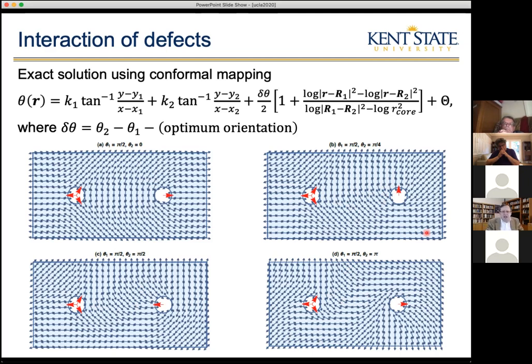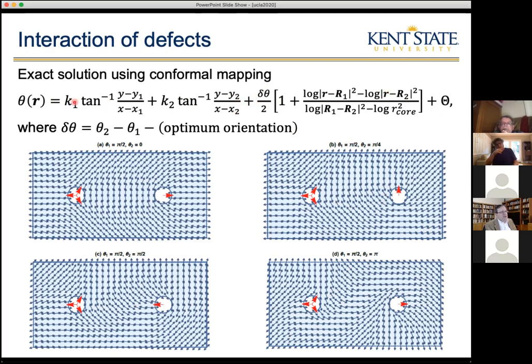This calculation can be done exactly through the method of conformal mapping, which is kind of an old-fashioned way of solving Laplace's equation in 2 dimensions. Based on that, I can get the exact solution, which is a sum of inverse tangent functions plus this extra piece.